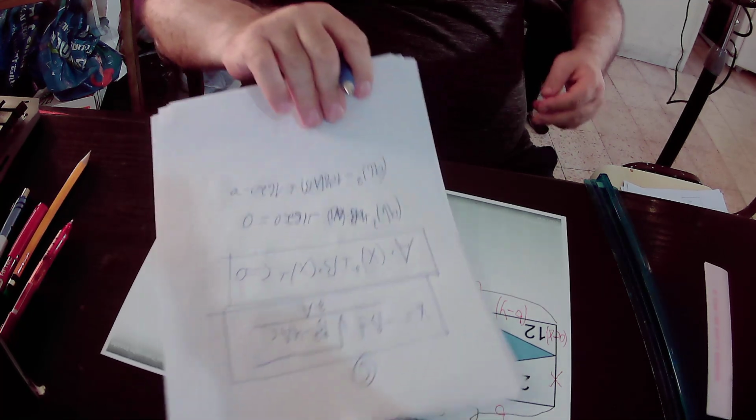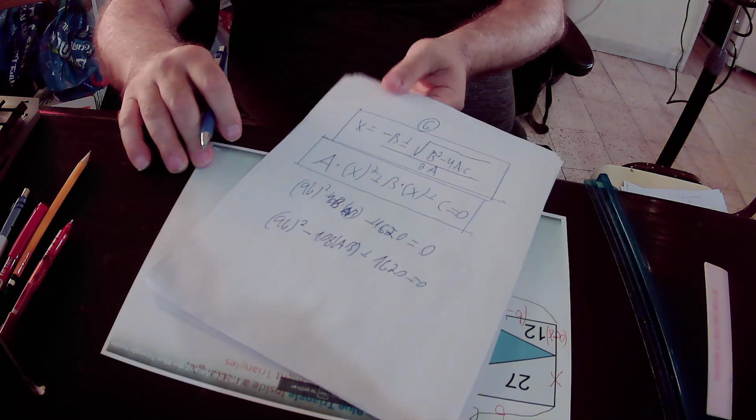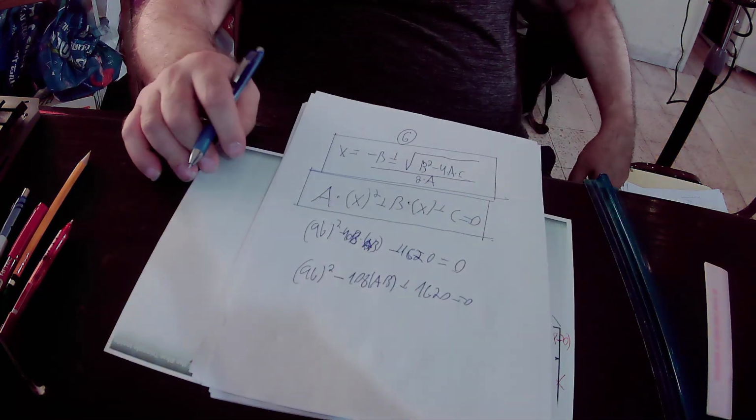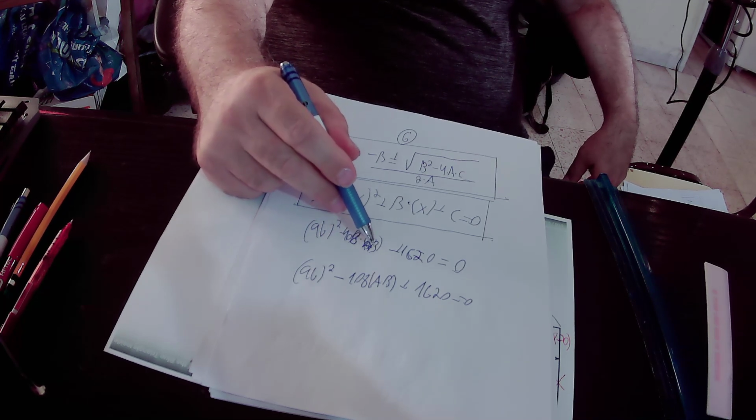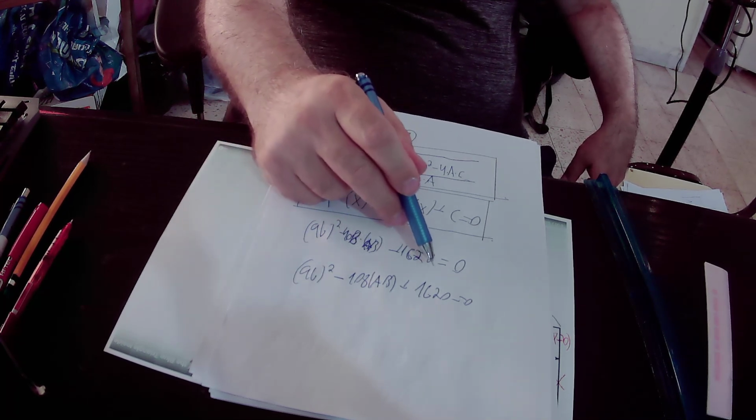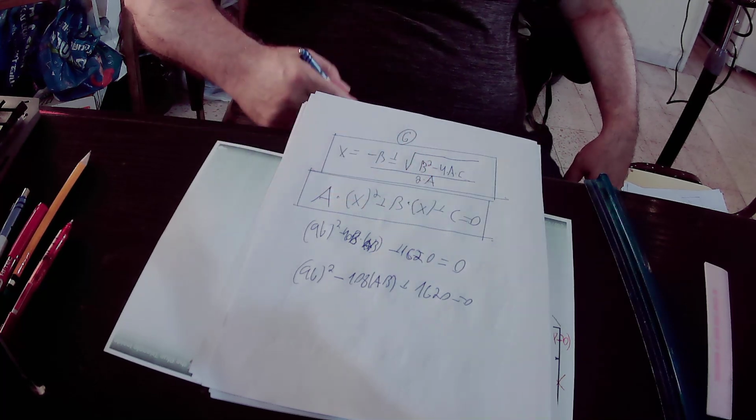So our specific quadratic equation was (ab) squared minus 108 ab plus 1620 equals 0.